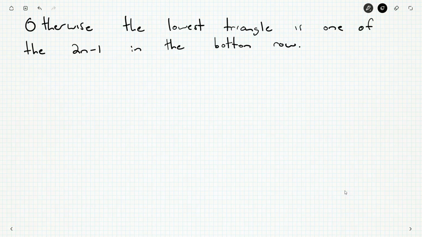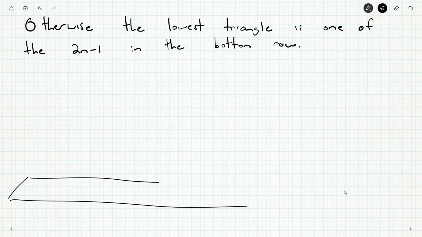Okay. So, now, what do we want to say? So let me draw a picture of a bottom row here.